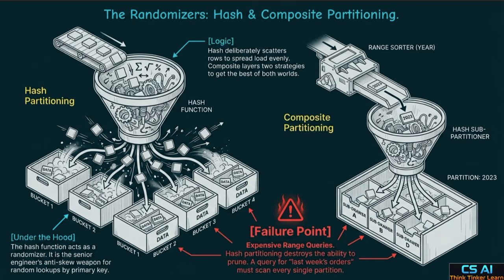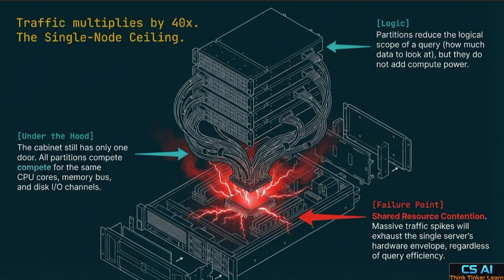However, the failure point for hash partitioning is expensive range queries. Hash partitioning destroys the ability to prune. For example, a query for last week's orders must scan every single partition because the chronological order is lost, making such queries highly inefficient. Even with partitioning, we eventually face the single node ceiling when traffic multiplies by 40x.